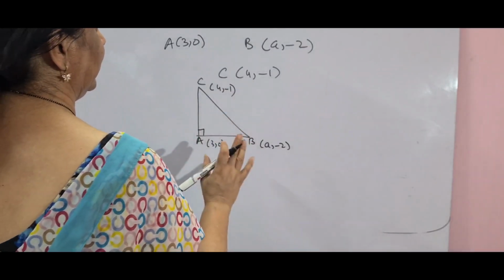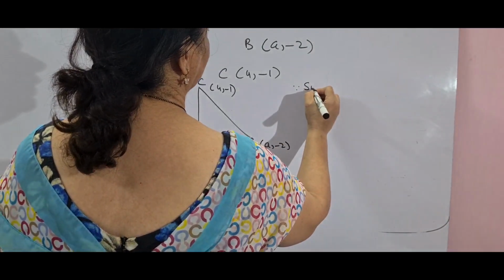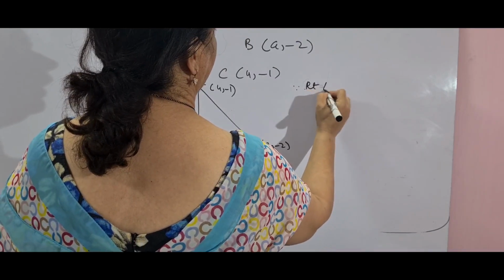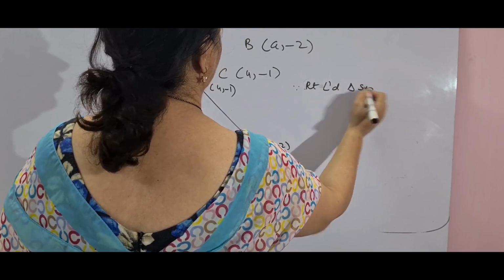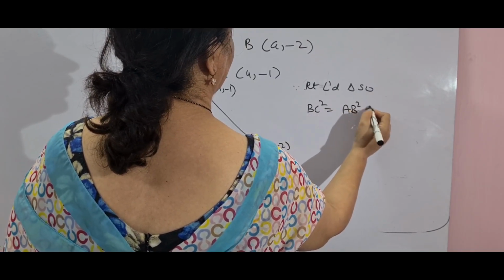So since it is a right angle triangle, you will write like this, because it is a right angled triangle, BC square will be equal to AB square plus AC square. That is all.